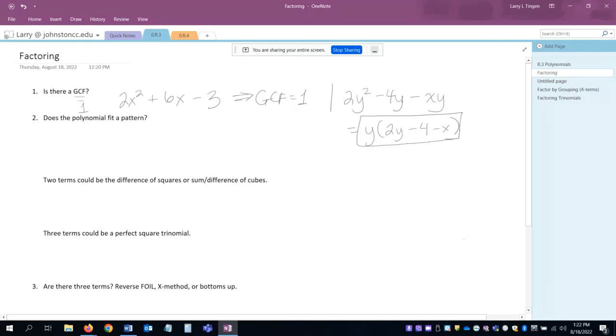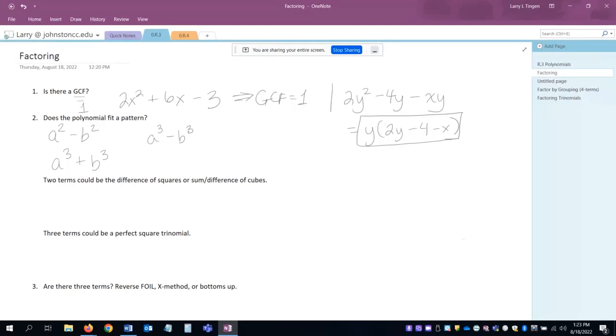Now, the next question: does the polynomial fit a pattern? Okay, what am I talking about? Well, I'm talking about cases of difference of perfect squares, sum of cubes, the difference of cubes, or a perfect trinomial.